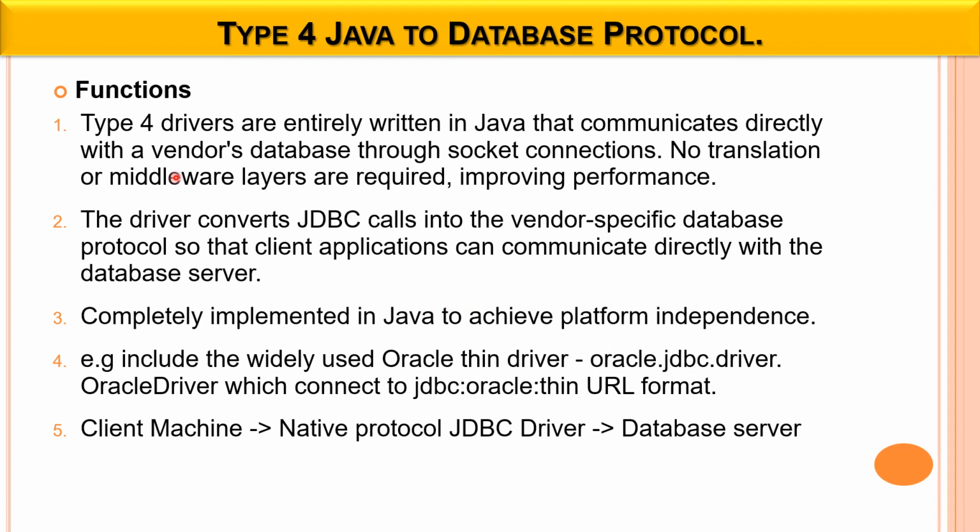Type 4 is entirely written in Java, and it communicates directly with the vendor's database through socket connections, and no translation or middleware layer is required, improving the performance of this Java to database protocol. The driver converts JDBC calls into the vendor specific database protocol, so that the client application can communicate directly with the database server.